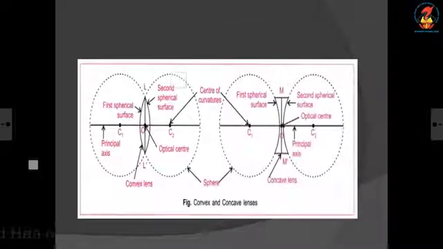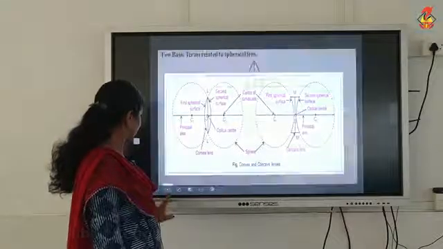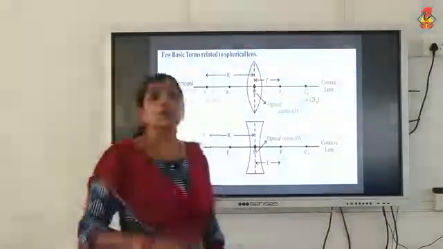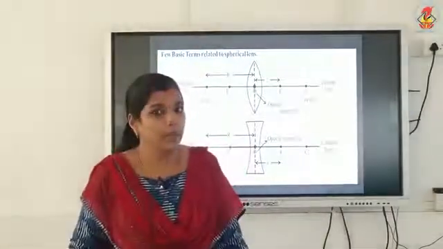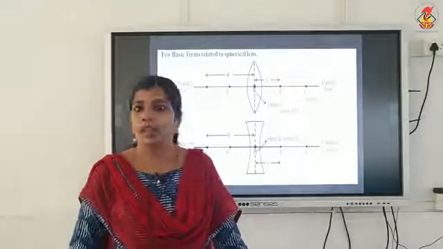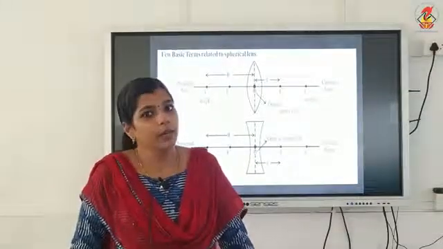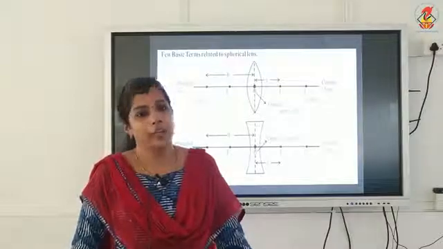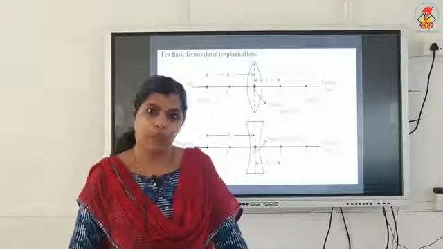So, normally for a lens, two principal foci will be there, known as principal foci, represented by F1 and F2.